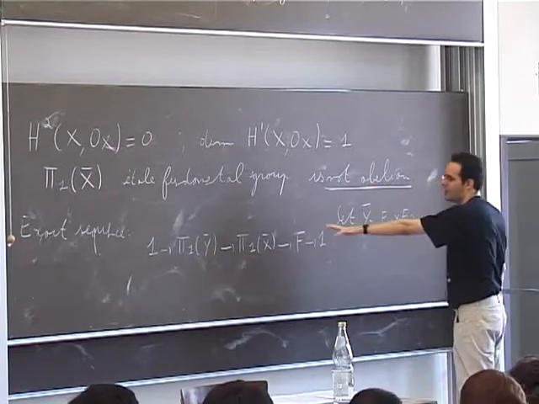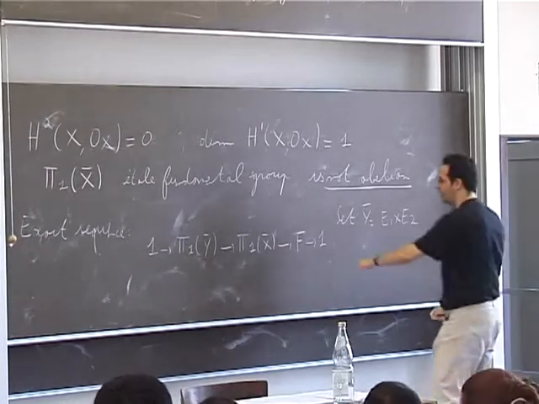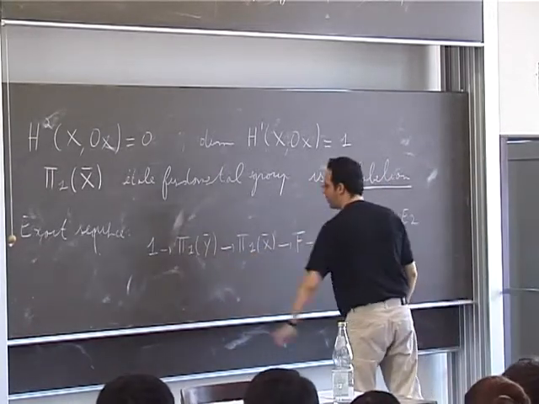So this works just like Galois theory. Imagine that there is a universal covering, then this F is a quotient, this one is a subgroup.